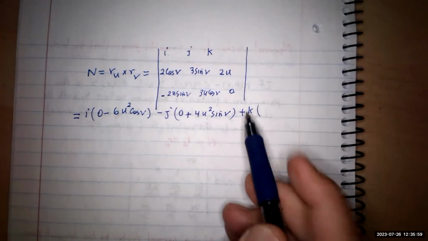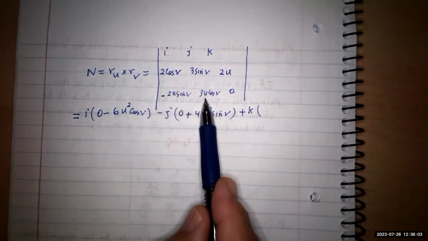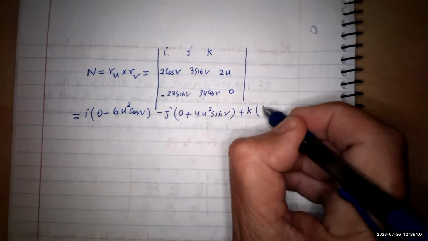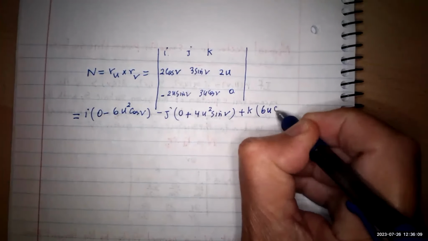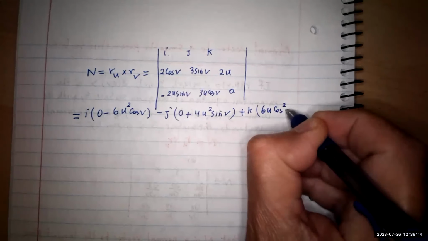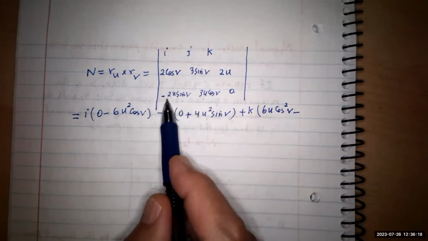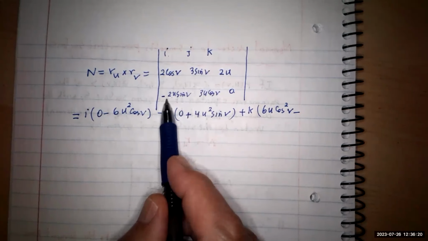Okay, that's first. Then we get k times first row, first column. Now you multiply these. So that gives you 6u cosine squared of v minus, okay, there's the negative to make it positive.